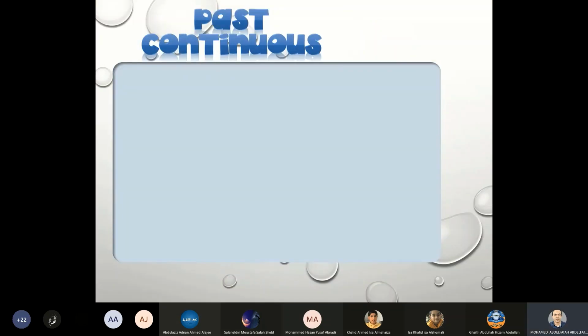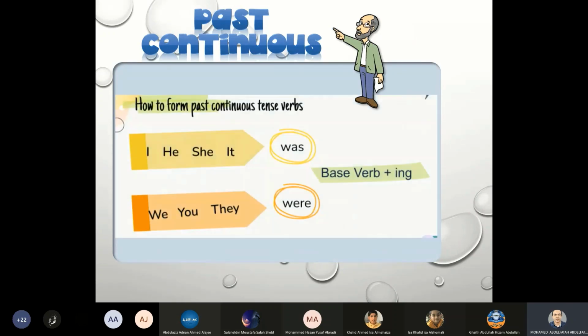At the beginning of our lesson today, let's learn what is the form of the past continuous tense. Before we had the past simple, like I watched TV, I visited my uncle, but today, students, you are going to learn about the past continuous. The past continuous form is was or were plus the verb, the base form of the verb, plus ing.